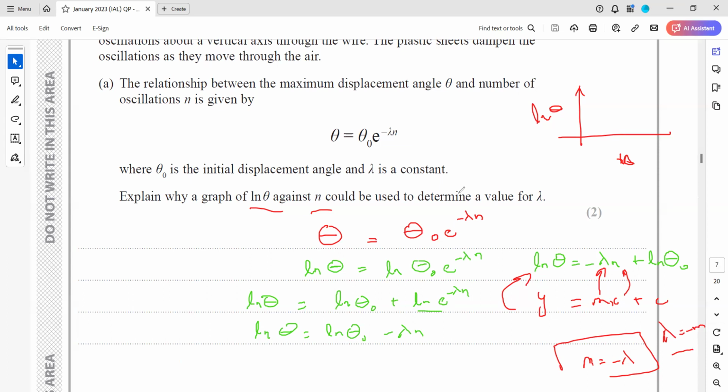Lambda is a constant, so it must be a straight line. The y-intercept will be ln theta naught. So the shape of the graph should have a negative constant gradient, somewhat like this, and the gradient is represented by minus lambda, or lambda equals the negative of the gradient.